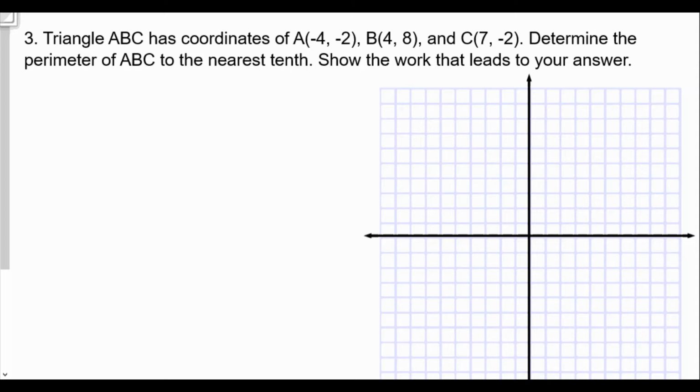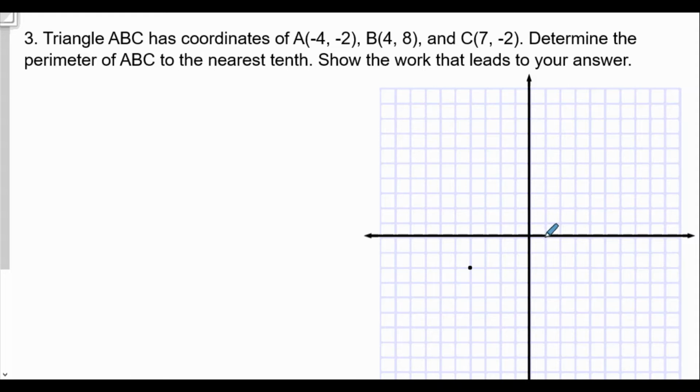Okay, so here we go. We're at question number 3. We're given triangle ABC, which is at -4, -2. So I'm gonna plot those points. So -4, -2: 1, 2, 3, 4 left, and -2, 1, 2 down. I think that's where I go. Okay. And then we have 4, 8.